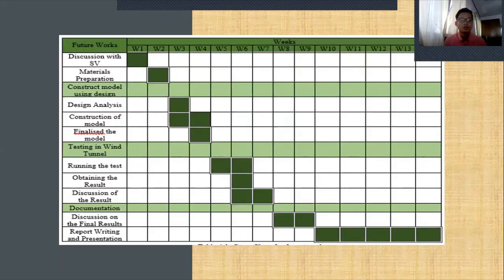When it's finished, I will finalize the model in week 4, and then the testing of the model in the wind tunnel. The test will run in week 5 and week 6, and then we'll have the result in week 6. I will have the discussion of the result in week 6 and week 7. And the last one is the report writing and presentation from week 10 until week 14.